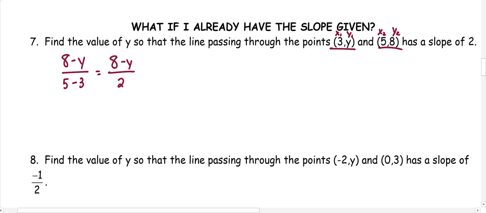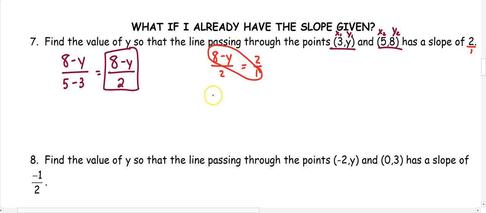Now, we're going to take this and set it equal to our slope. So we have 8 minus y over 2 equal to our slope. If our slope is just 2, remember we can put that over 1 so it also has a denominator. And now we're going to cross multiply. So we have 1 times 8 minus y equals 2 times 2.